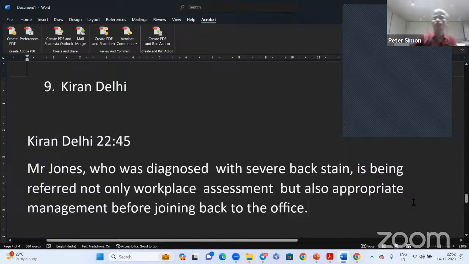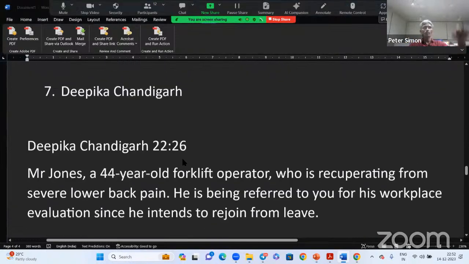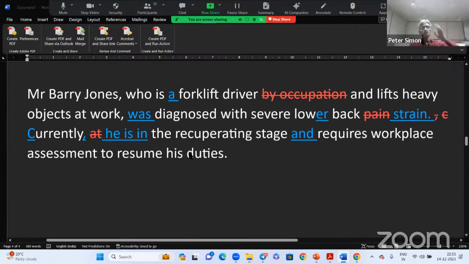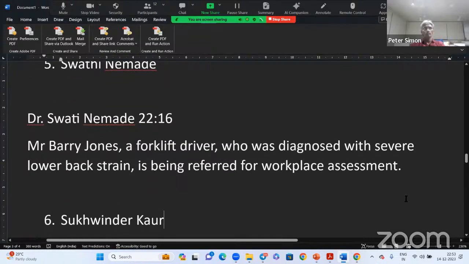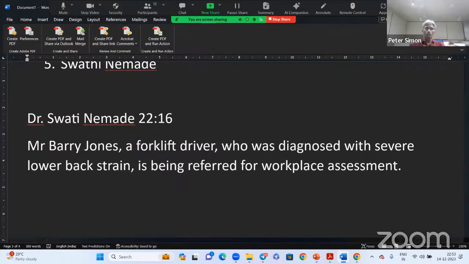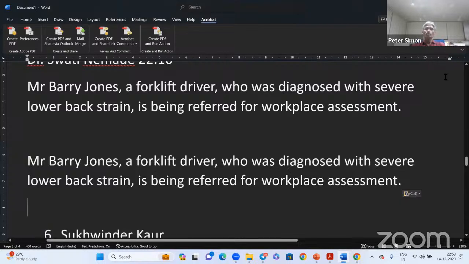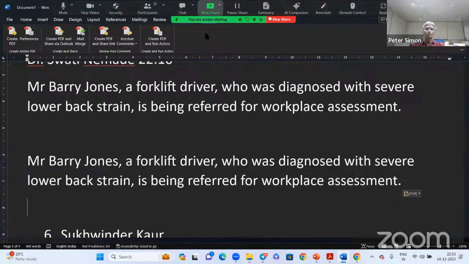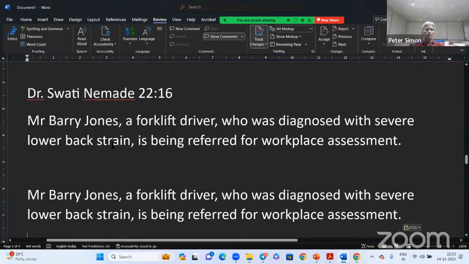Yes. Now let us see these sentences. Yes, Swati. Right. Yeah.